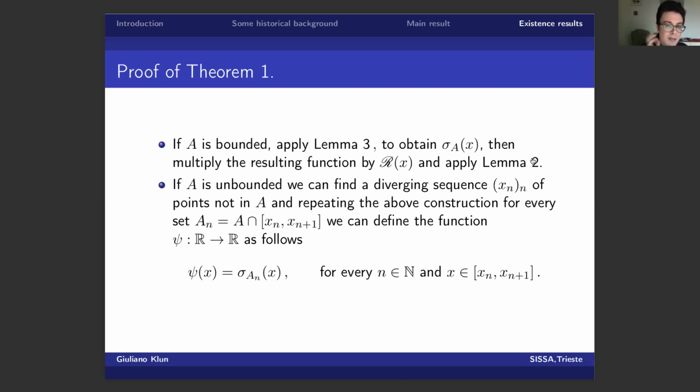Then we can define C to be the gluing together of all these functions, which guarantees differentiability in the neighborhood of each x_n because we are over an open interval. So gluing together all the functions sigma_n gives the desired result.